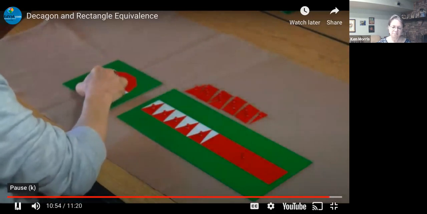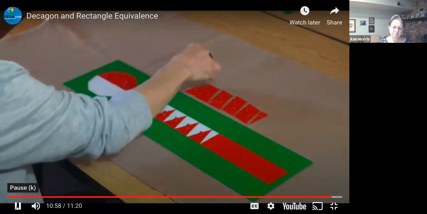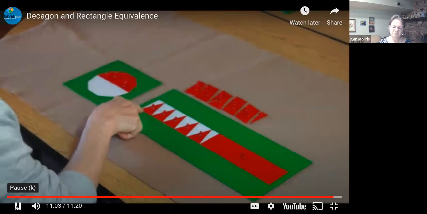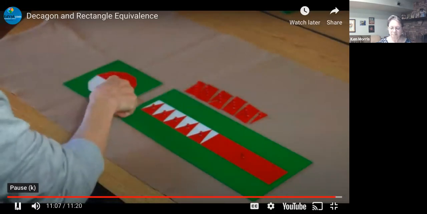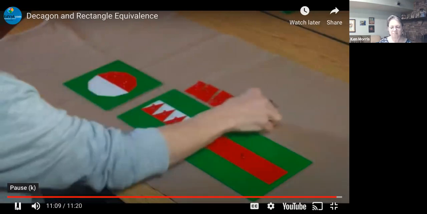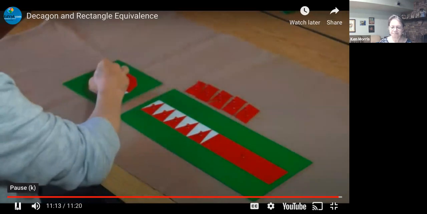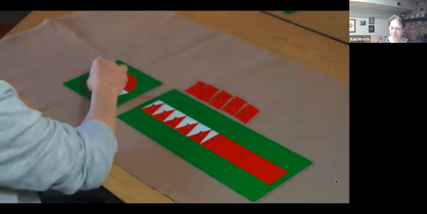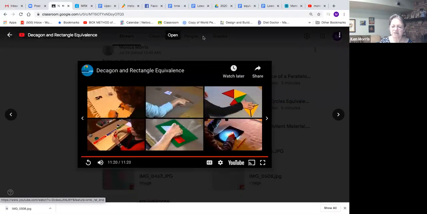Here's that distance called the apothem on the polygon. So we see that the base of the rectangle is equal to half the perimeter of the polygon, and the height of the rectangle is equal to the apothem of the polygon. Okay, that's as far as she takes it.